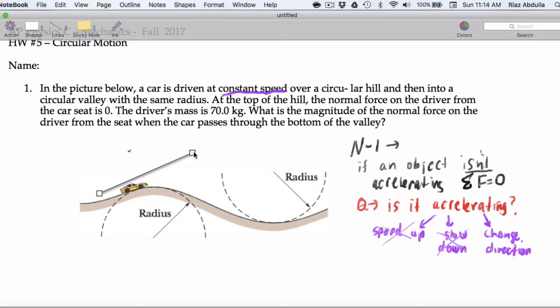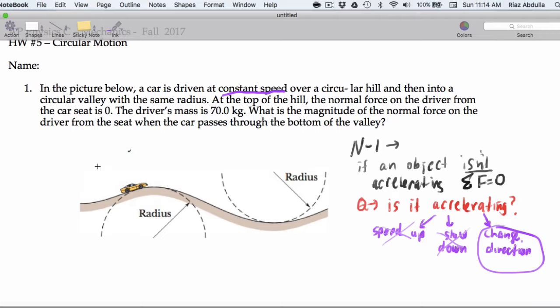If the car were doing this at a steady speed, we'd be absolutely fine in saying that there is no net force. But the fact is, it is not moving in a straight line. It is changing direction, and therefore we must conclude that it is accelerating.